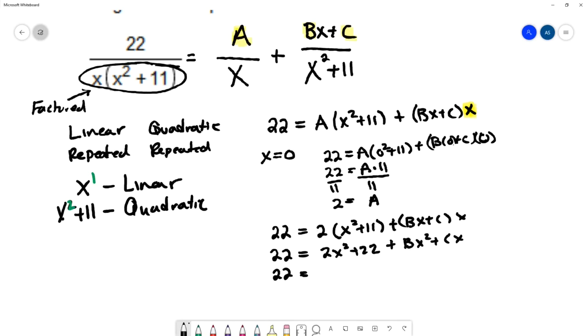I'm going to group the x squared terms together. That's 2x squared plus bx squared. I'm going to have the x terms together, and then also the constants together.